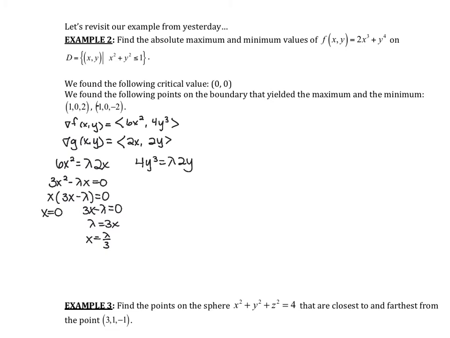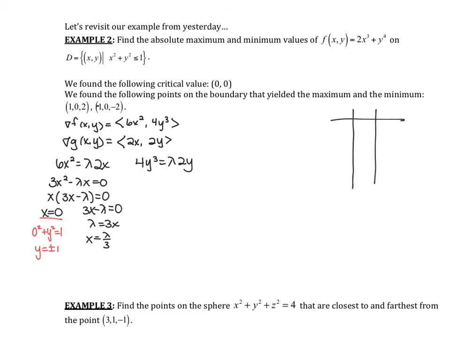All right. The reason I said this is the easy one is because we can take this and plug it into our constraint. And remember, our constraint was that circle. So we would get 0 squared plus y squared equals 1, and y equals plus or minus 1. Okay, we knew those points. We knew they were there. So let's go back and put them in our table.